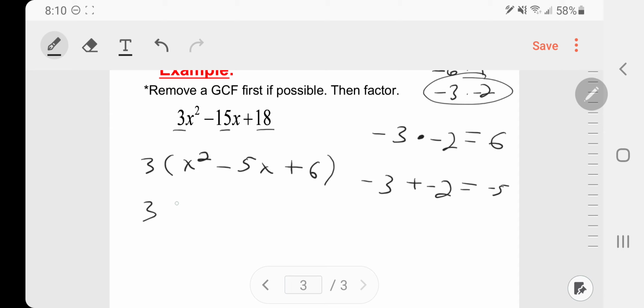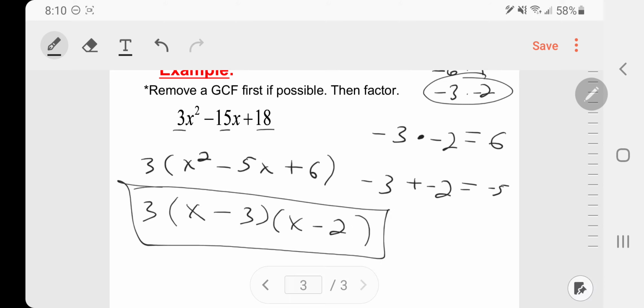We get x minus 3 and x minus 2. We're going to leave the GCF on the outside right where it is, and then we're just factoring that x squared minus 5x plus 6. Again, you look for what multiplies to be 6 and adds to be negative 5.